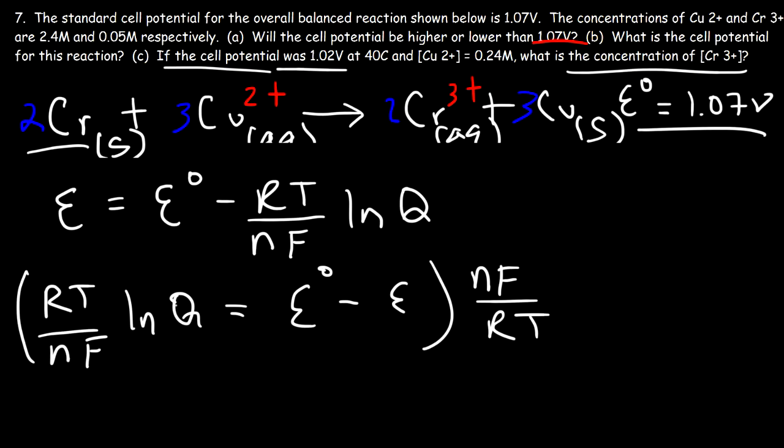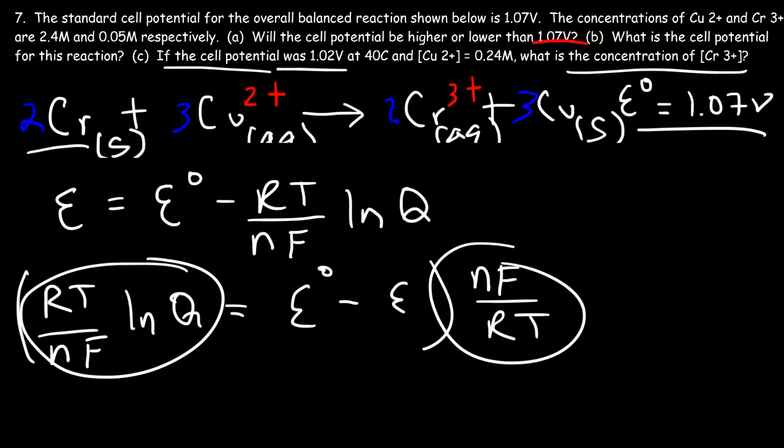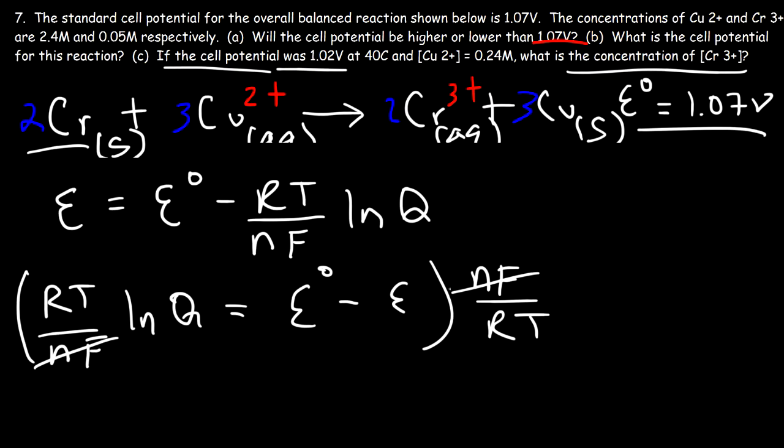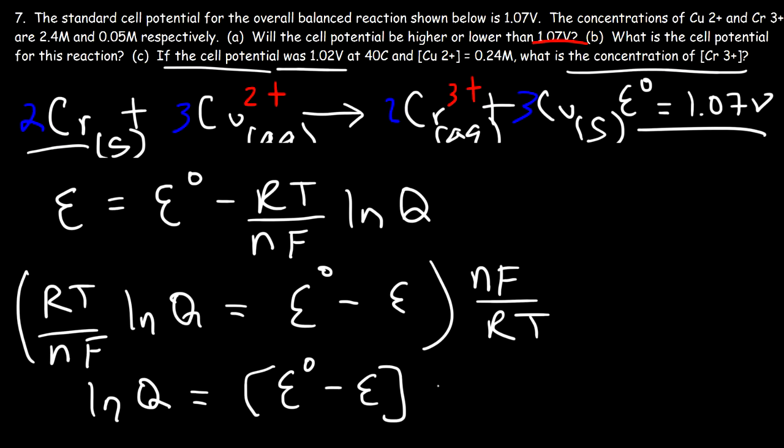So multiplying these two, we can see that NF will cancel and RT will cancel. So on the left, I'm just going to have the natural log of Q. On the right, I'm going to have the difference between these two cell potentials multiplied by NF divided by RT.